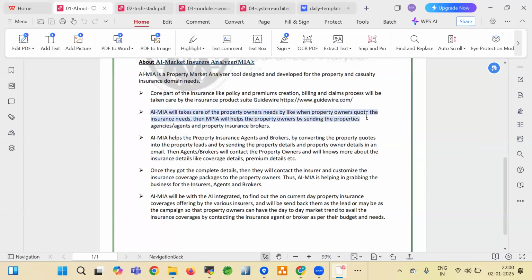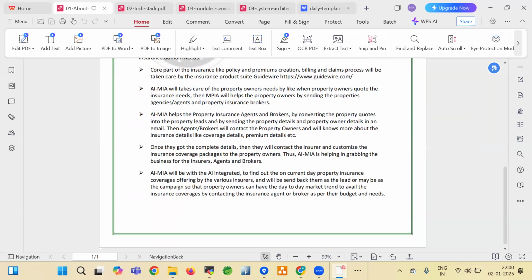When the property quotation is created, it will be sent to the agents and then the brokers. We are not dealing with property leads; we are dealing with property quotations. So MIA helps the property insurance agents and brokers by providing the property quotations to them.